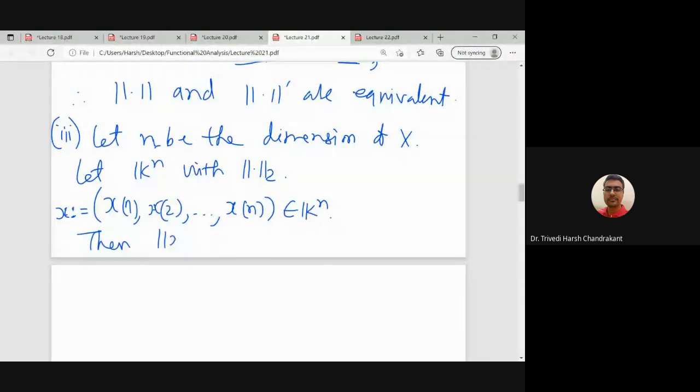Then the 2 norm of x is basically the Euclidean norm. So that is nothing but the sum, j running from 1 to n, of modulus xj squared. And we need to take its square root.